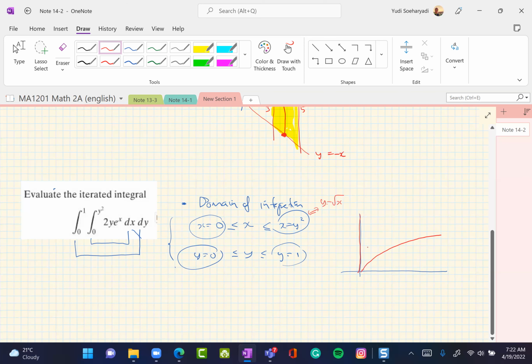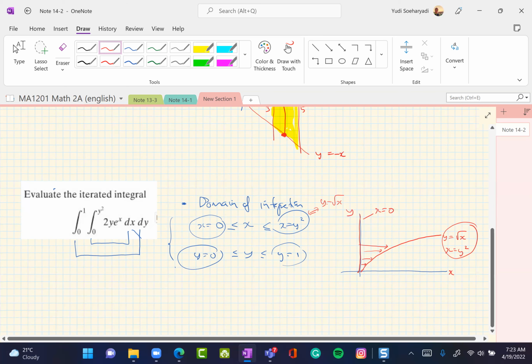Okay, so you're moving left to right in this direction. And this is the same as x equals y squared. This is x equals 0. Then y from 0 to 1. So at the end, you have this as the domain of integration.